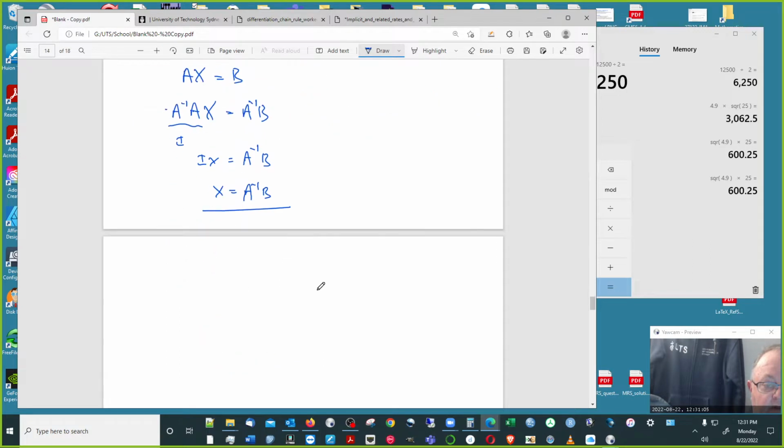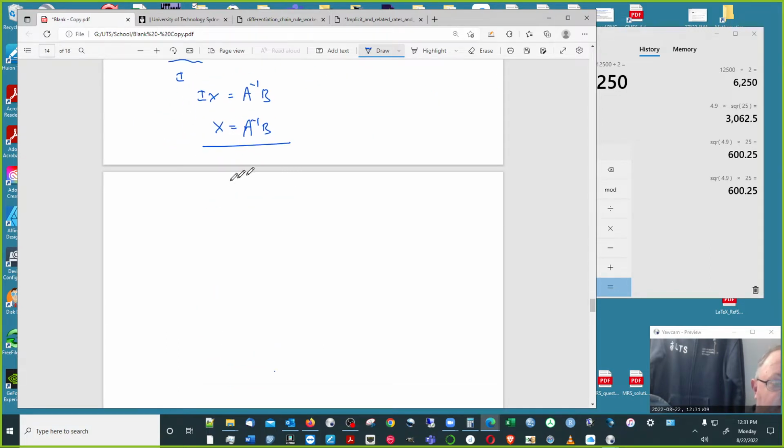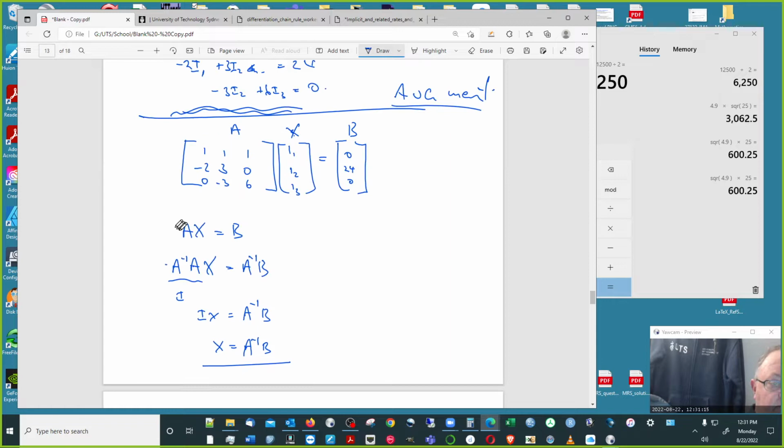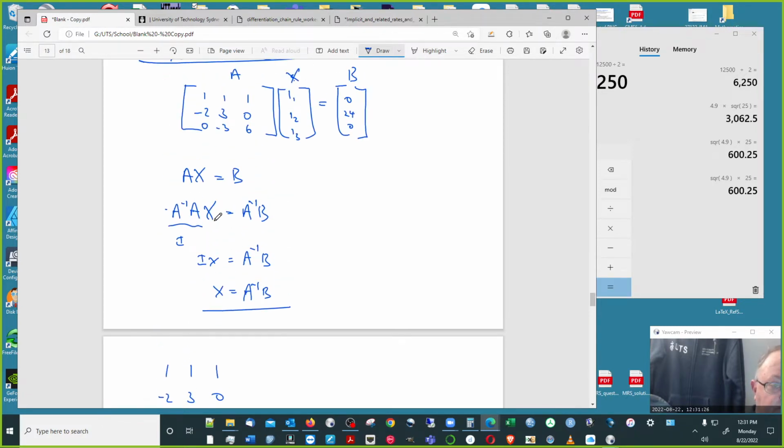Alright, so let's do the matrix invert. 1, 1, 1. Minus 2, 3, 0. 0, minus 3, 6.